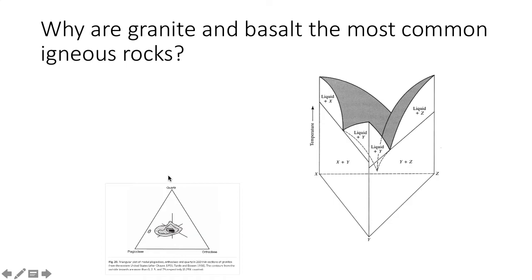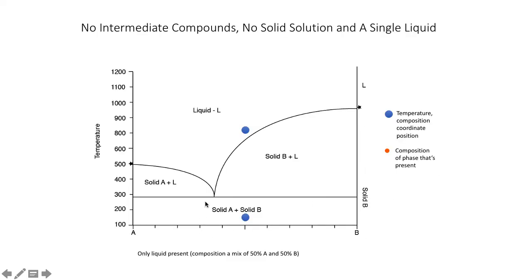So this is the question we sort of posed in the previous lecture. Why are granites and basalts the most common igneous rocks? So this shows, and we explained that, because whatever the mantle composition is, the liquid that forms, it forms at a eutectic composition. Okay, and that happens to be basalt composition.